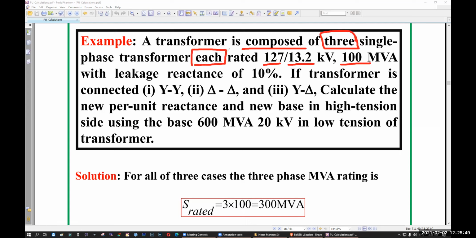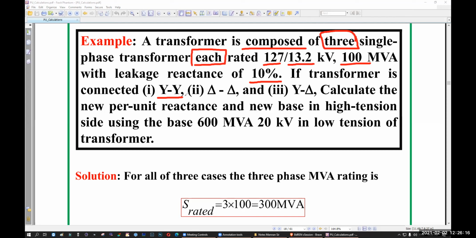Remember, 3 single phase transformers are used to make one transformer. All of them are rated at 127 by 13.2 kV, 100 MVA with a leakage reactance X of 10%, that means 0.1.